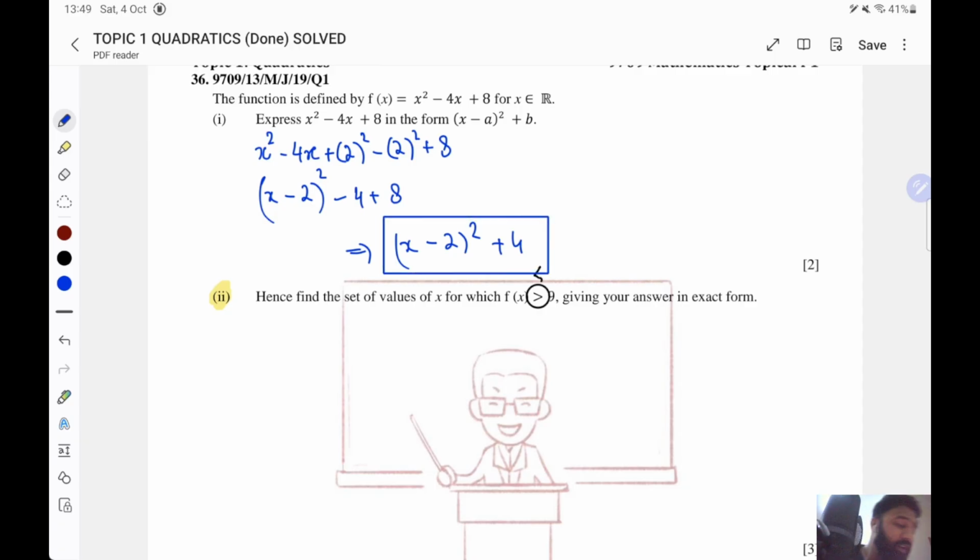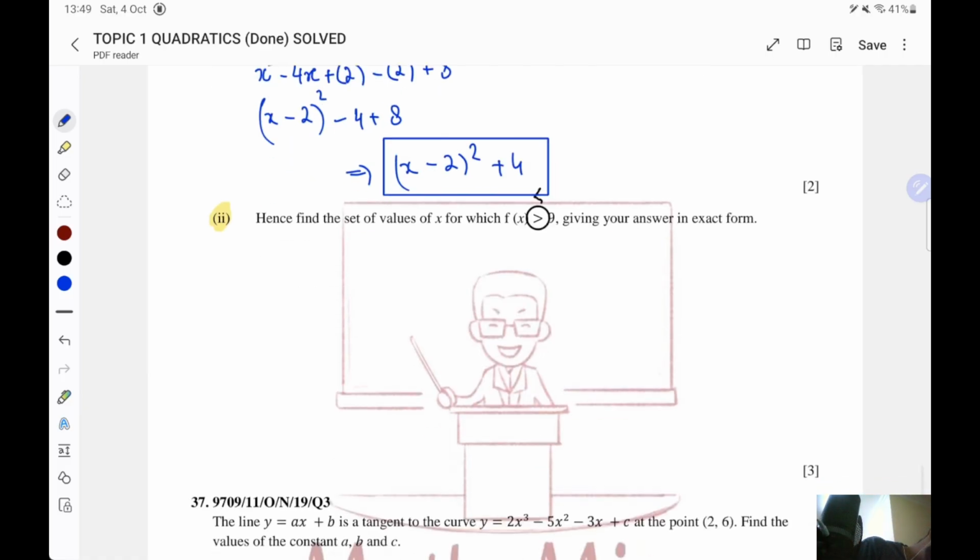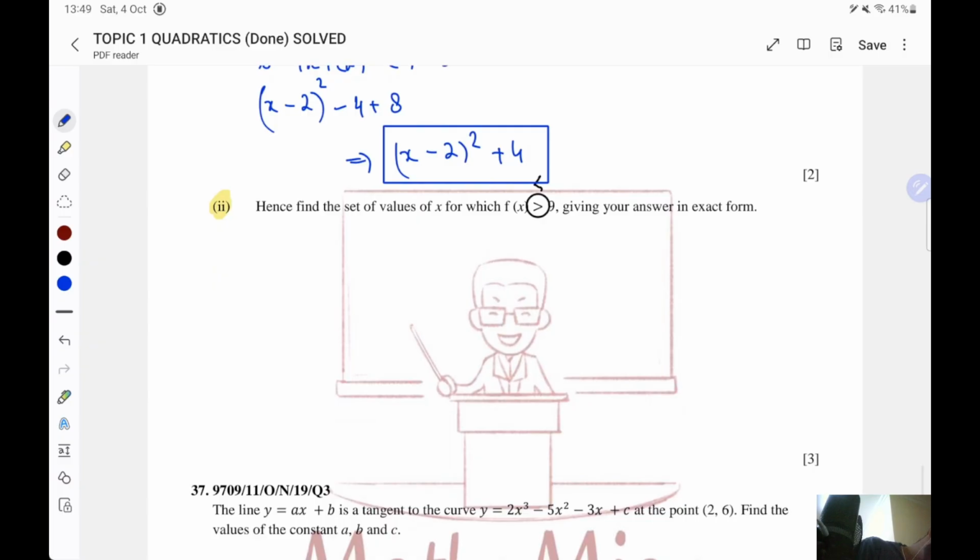Okay, let's move to the next part. The next part says hence find the set of values of x for which the function is less than 9, giving your answer in exact form. So it means that you are not supposed to use the calculators.